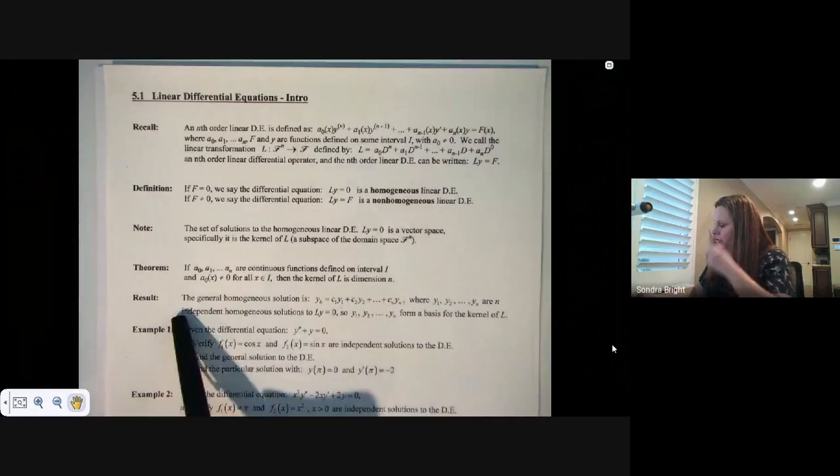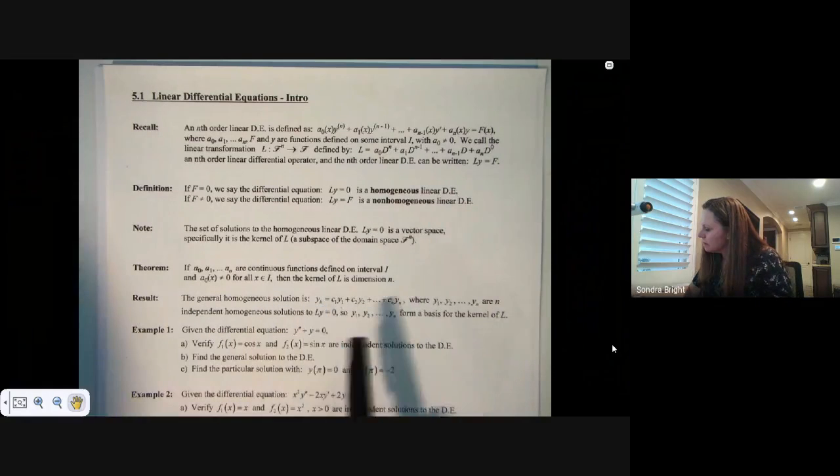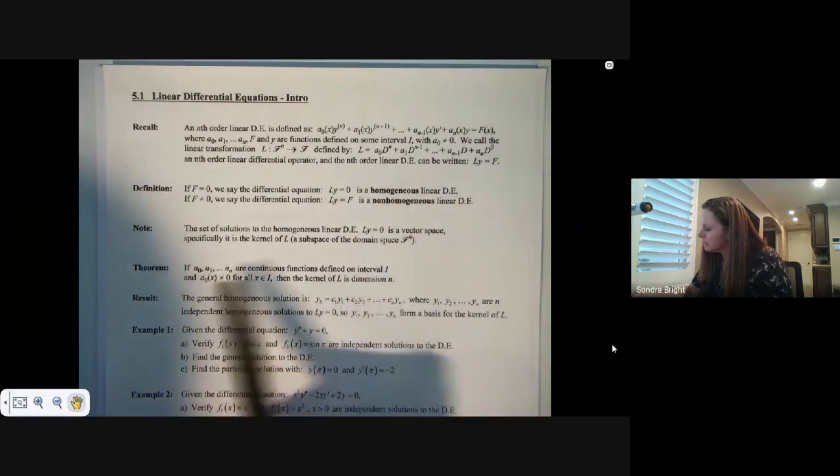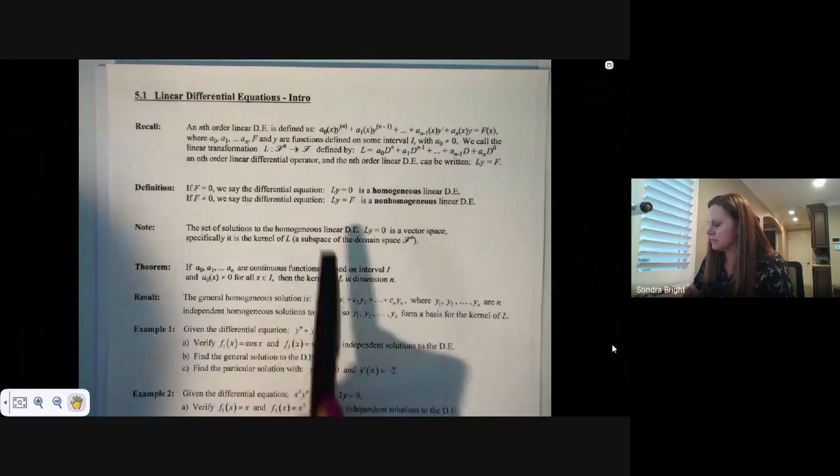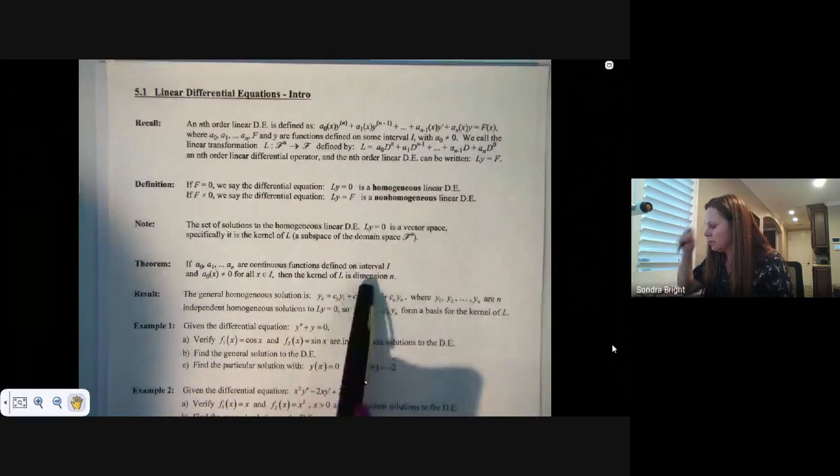Now, the general homogeneous solution to, oh, did I skip this? No, I said it. Okay. Then the kernel of L has dimension n. So the kernel of L is a vector space. It will have dimension n as long as, of course, a naught is not 0.